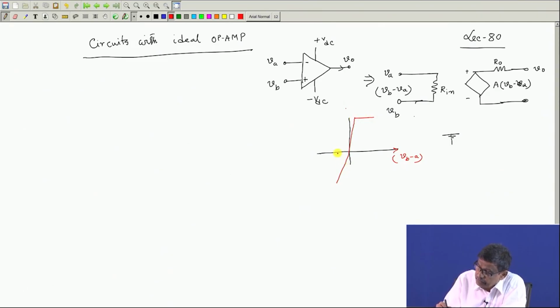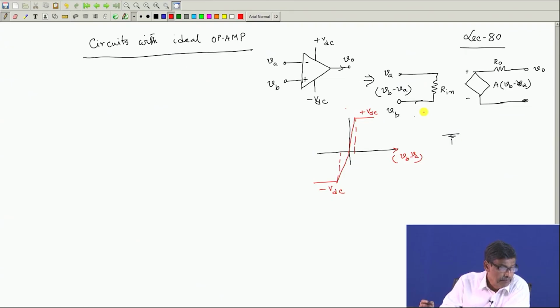Over a very small range of VB minus VA the output is linear, and beyond this range the output voltage will become either plus VCC or minus VCC, depending on whether VB is more or VA is more. So a very high gain is one of the assumptions made.